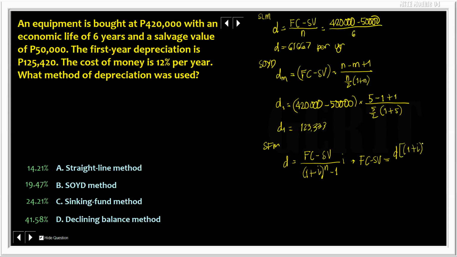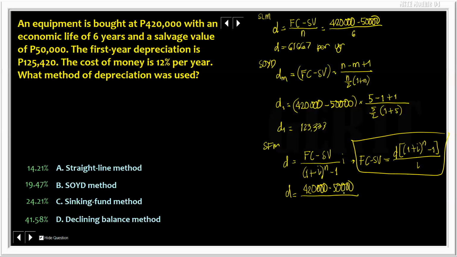It comes from the future worth formula of an ordinary annuity. If we solve for D, we can derive this formula. So D is FC 420,000 minus SV 50,000, all over 1 plus I. The given interest rate is 0.12 raised to the power of N, which is 6, minus 1, then times 0.12.